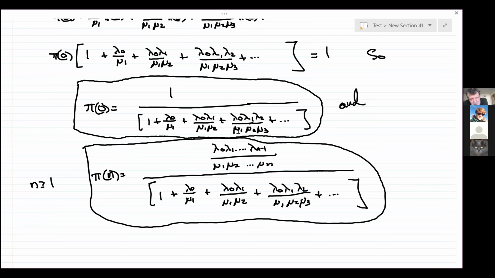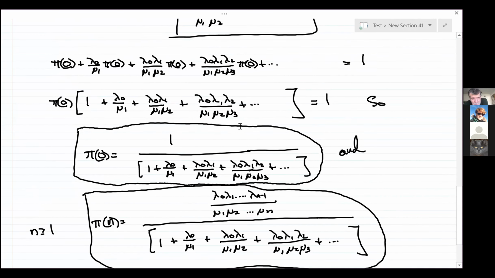Let's think about the second case. Suppose it goes to infinity. If it goes to infinity, then pi 0 looks like 0, because 1 over infinity looks like 0. But if pi 0 is 0, all the other pi's are in terms of something times pi 0, right?